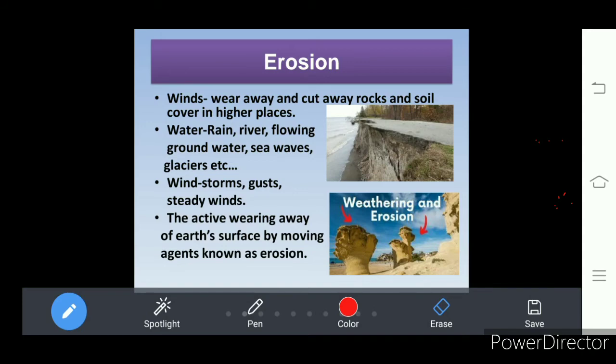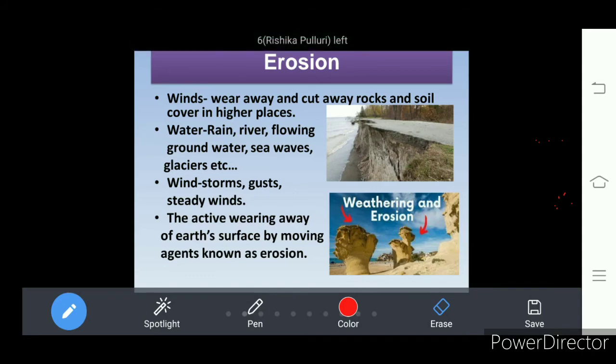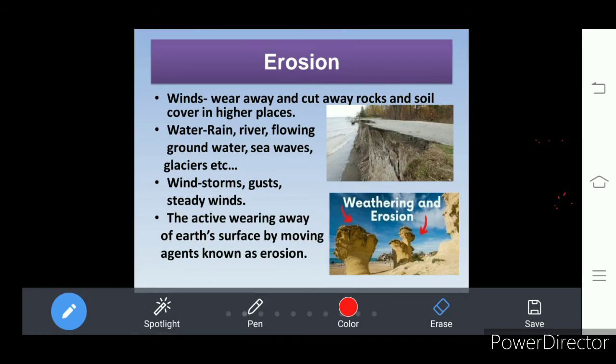work on the existing landform. So let's see what erosion is. Here winds wear away and cut away the rocks and the soil cover on the earth surface, at higher places.